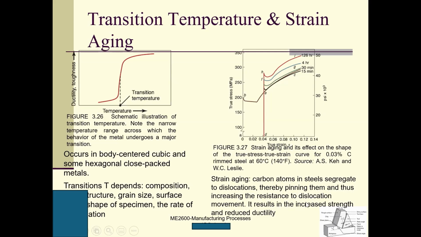It results in increased strength and reduced ductility. So always, strength and ductility are competing with each other. High strength means low ductility. Low strength means high ductility. Any material cannot possess both high strength and high ductility.